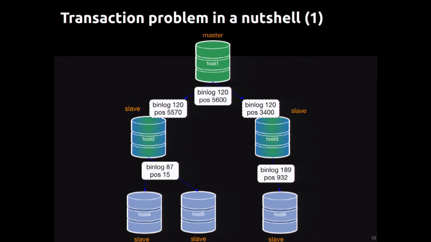Just to have a quick example, if you have a hierarchical replication, you see that the masters below the main master may not have the same file name for bin log, and of course we'll have different positions for bin log. So we are talking about the same transaction that may be represented by different files and positions. Or we have different transactions. But just looking at this, there is no way of saying we are all at the same transaction.